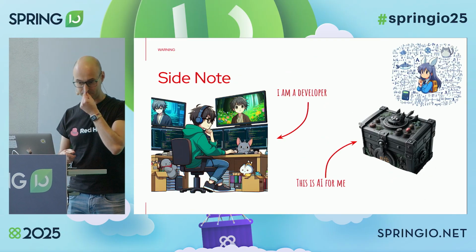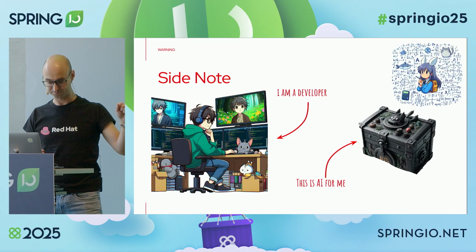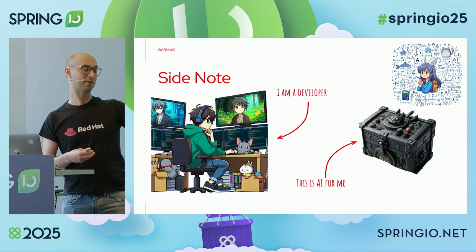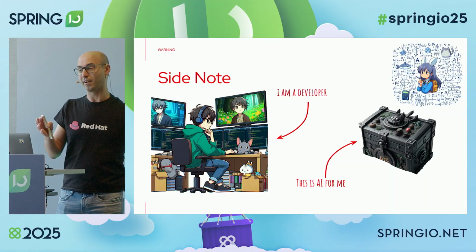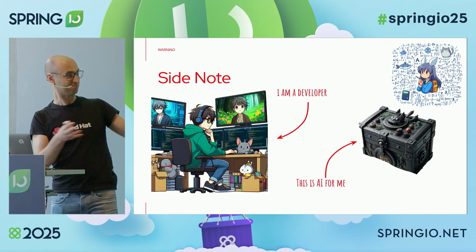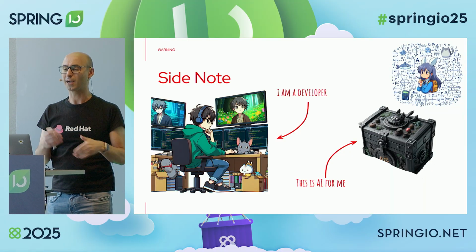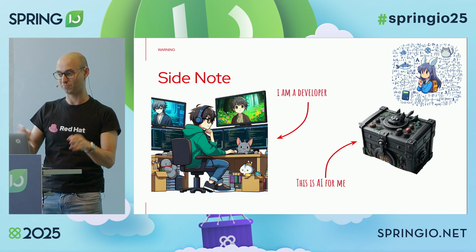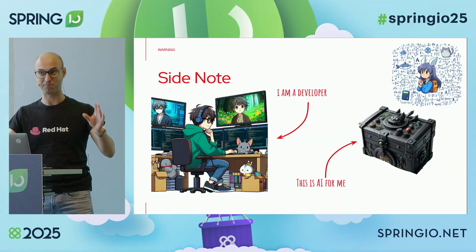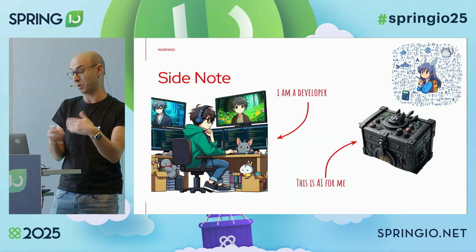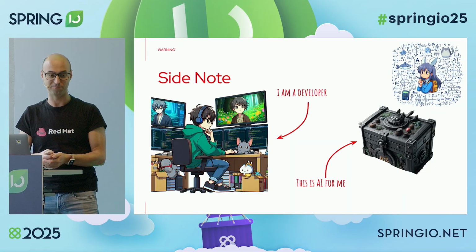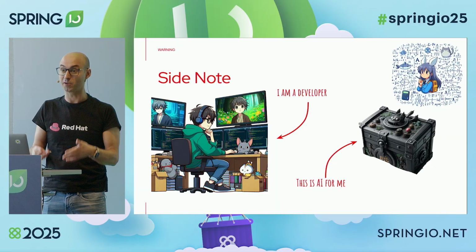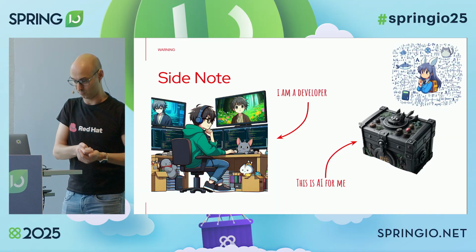Okay, so first of all, I'm a Java developer, and that's me. And for me, an LLM or AI is this black box. Actually, I know a bit how it works internally, but for the sake of simplicity, I consider a model like a black box where I send some requests or some questions, and I expect an answer.